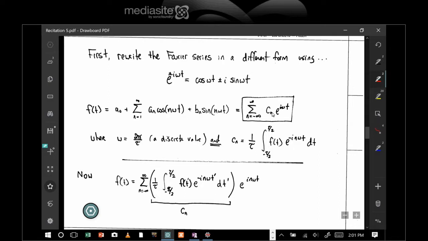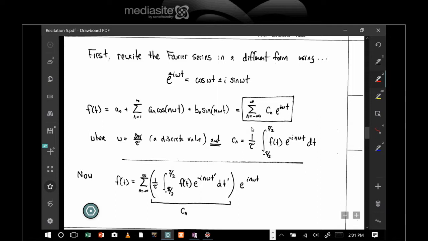Euler's relationship says that e to the i omega t equals this thing here. I can rewrite the sum in terms of a constant Cn times e to the i n omega t. And again, what is omega? Omega is 2 pi divided by tau. That is a discrete value called the fundamental frequency. Instead of having coefficients an and bn, they're all compiled into Cn, where I have to do a complex integral over one period.